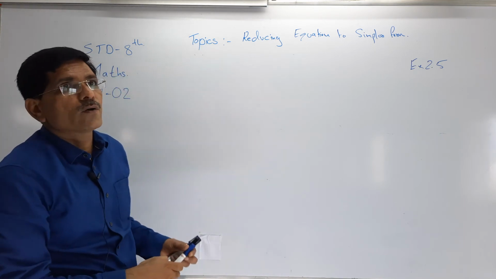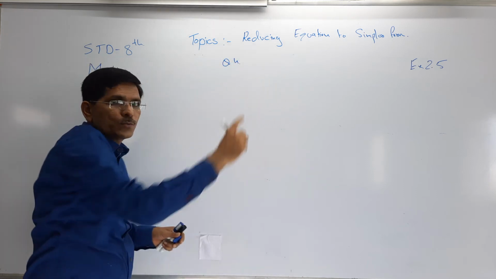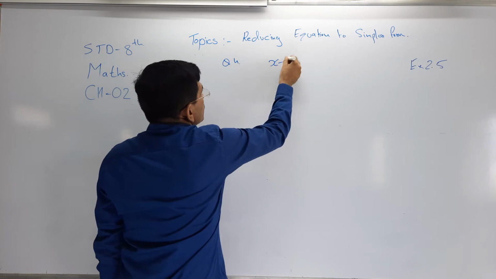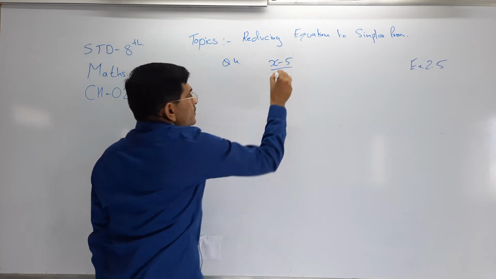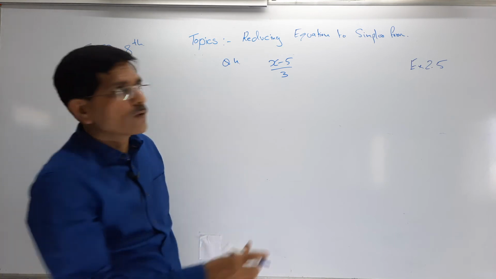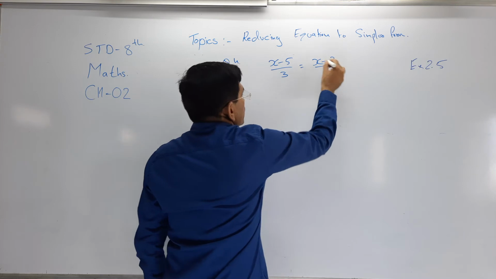Now question number 4 I am doing. Exercise 2.5, question number 4: x by 5 divided by 3 is equal to x by 3 divided by 5.